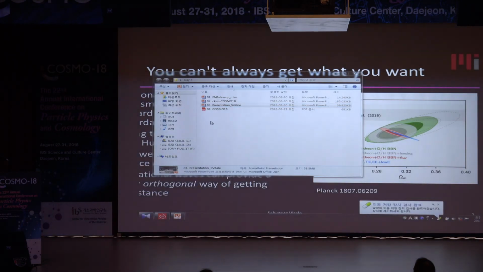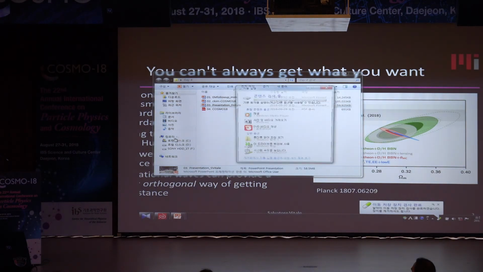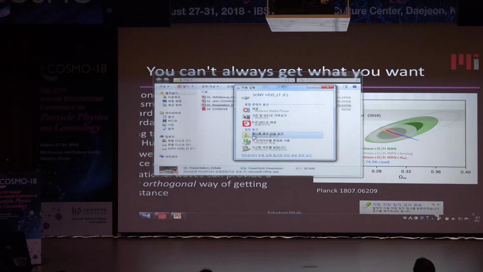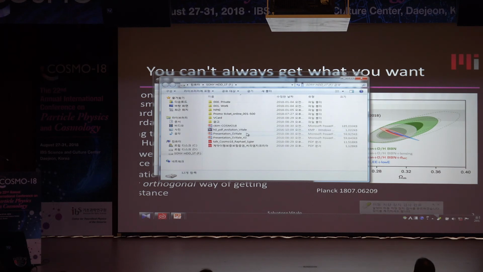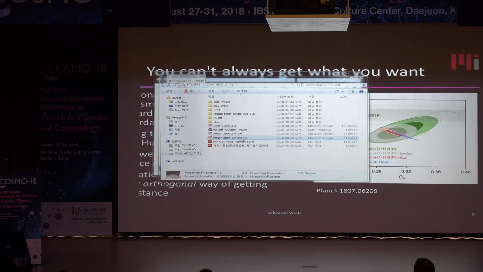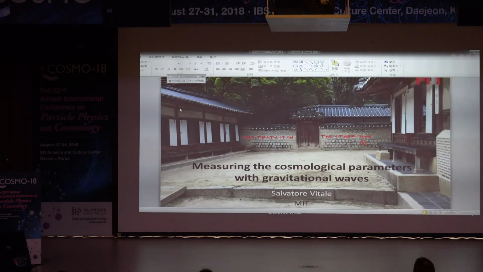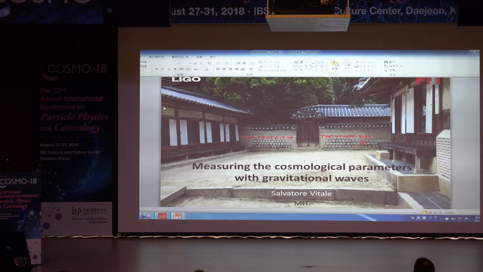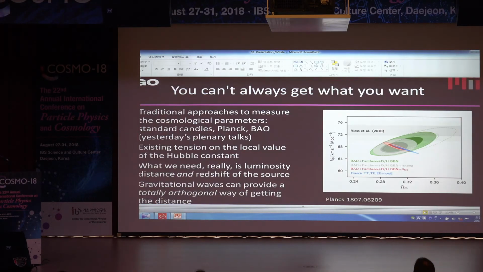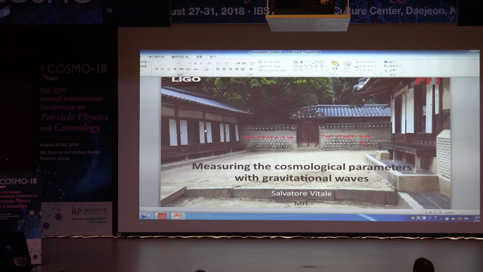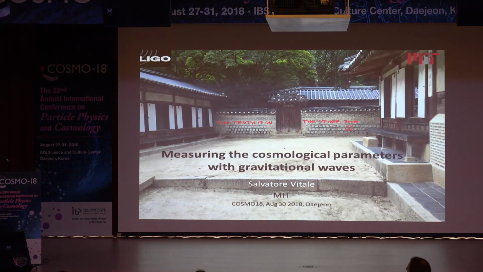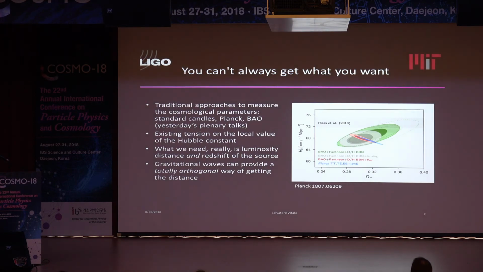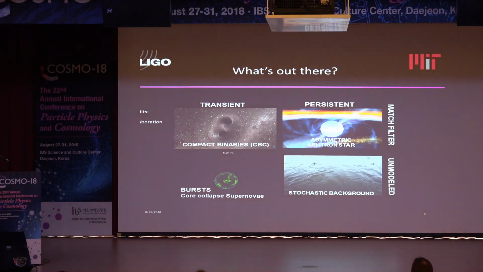Yeah, it works here. Let's see if that works better. Okay, let's see if this one is any better. Yeah, it kind of works.